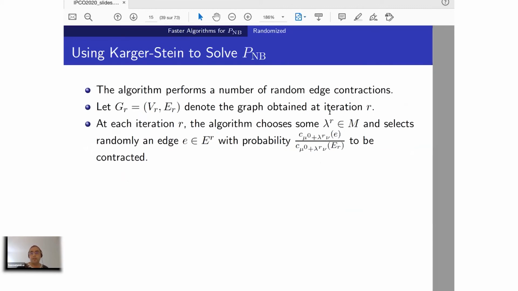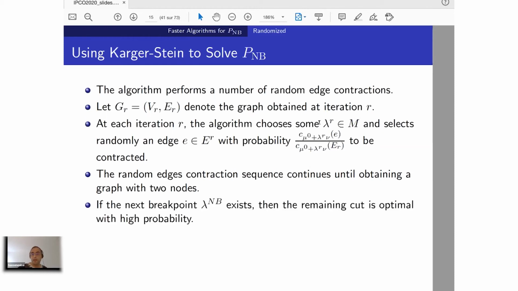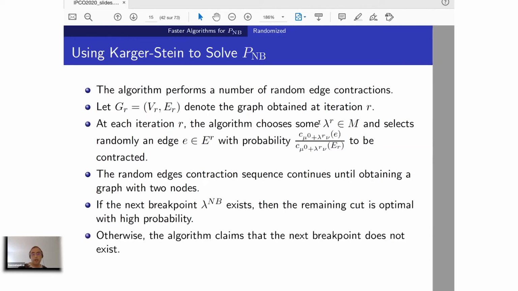What is important here is to select carefully this parameter lambda r in order to bound the error probability and to keep at the end an optimal minimum cut corresponding to the next breakpoint. So the random edge contraction sequence continues until obtaining a graph with only 2 nodes. And we show that if the next breakpoint exists, then the remaining cut is optimal with high probability. Otherwise, the algorithm detects that there is no next breakpoint with probability 1.